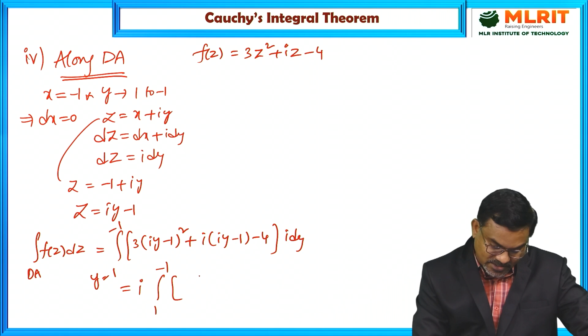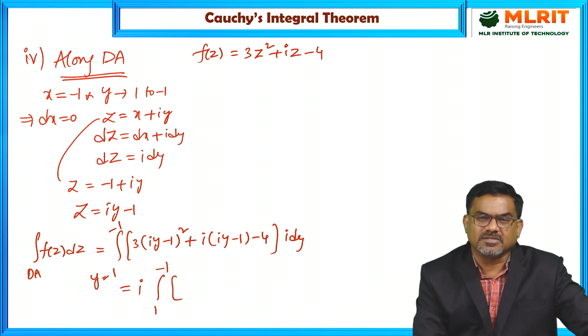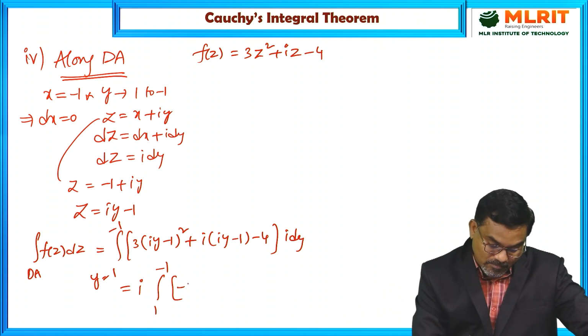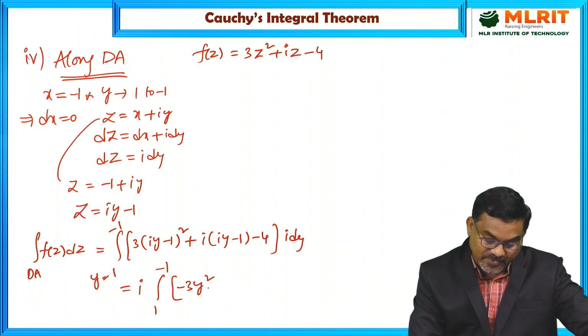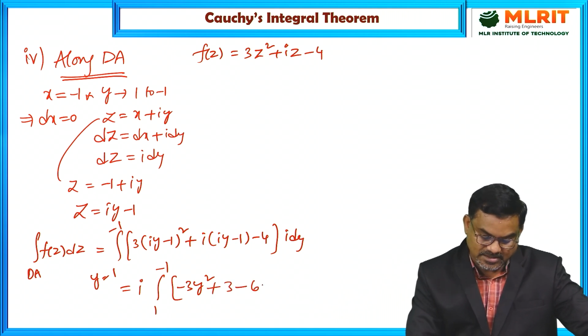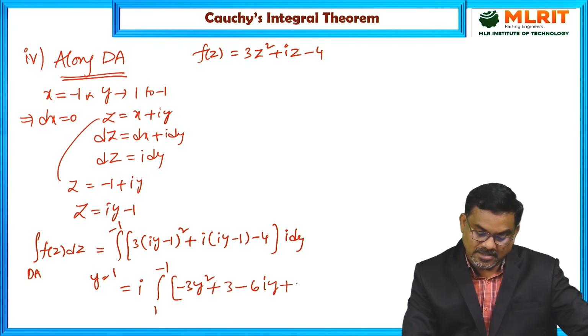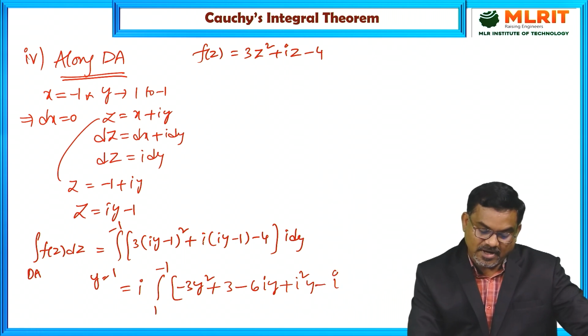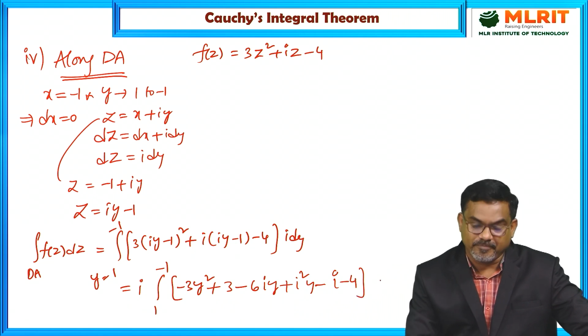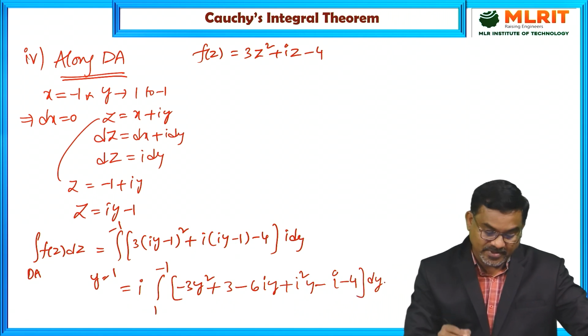Let us simplify this first. i square y square, i square is minus 1. So, minus 3y square plus 3 minus 6iy plus i square y minus i into i square y minus i minus 4, dy.